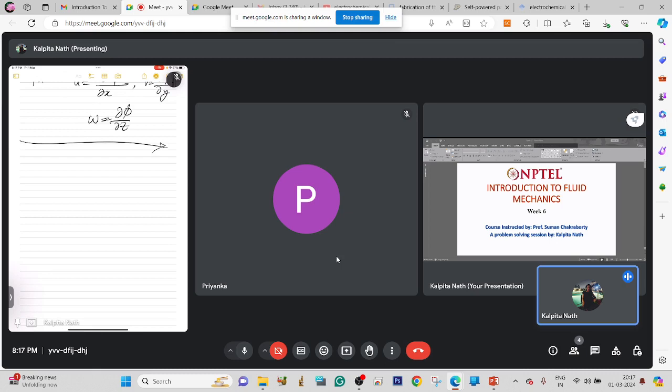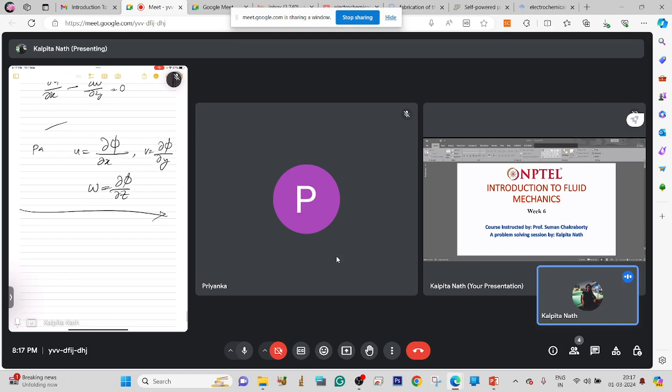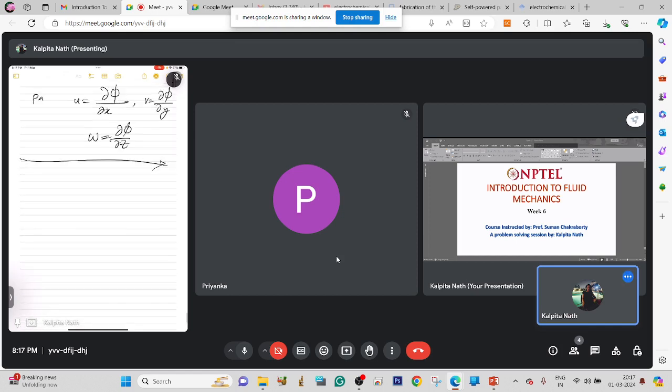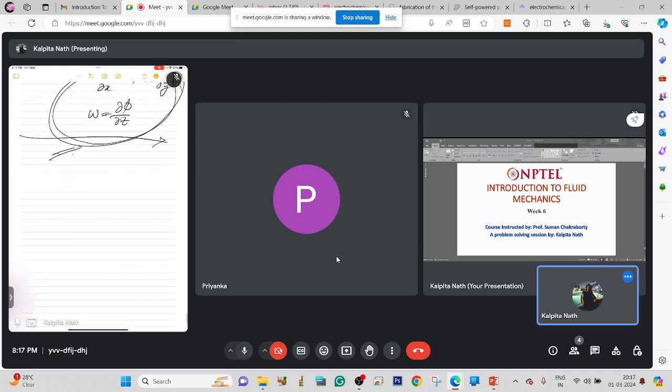The flow is not required to be two-dimensional, as it is in the case of the stream function. This definition should satisfy irrotational flow. That means the flow should be irrotational, then only this is valid.